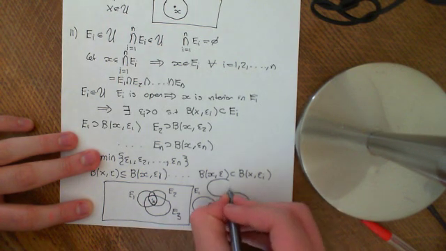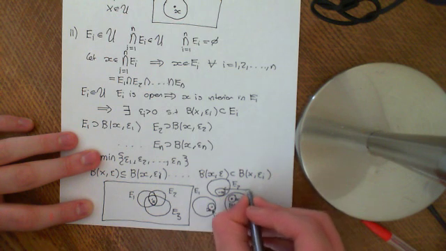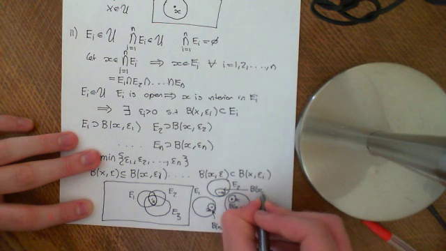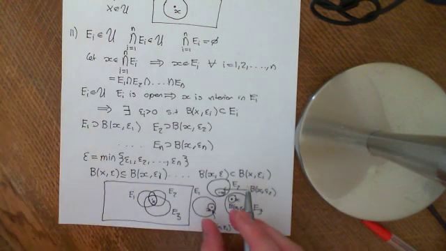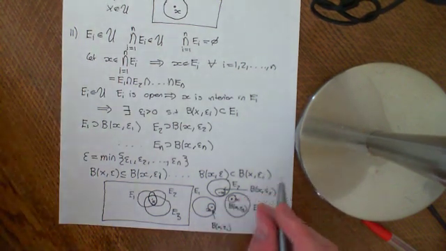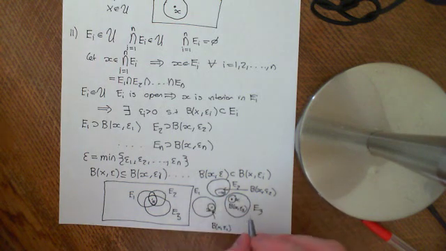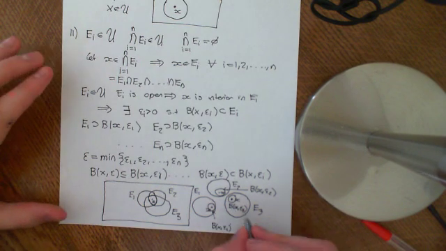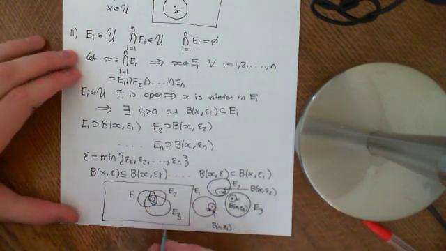And similarly, for E2, there must have been a ball of some radius epsilon 2 around the point x. Now basically what I'm saying is take whichever one of these balls has the smallest radius. It's going to be contained within all the others, and it's certainly therefore contained within all of these sets. So take the minimum ball, and that's going to be contained within absolutely all of them.